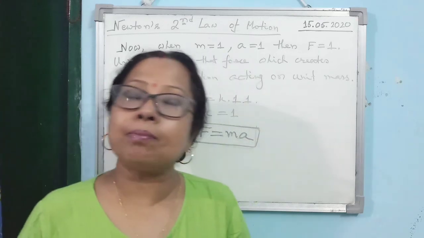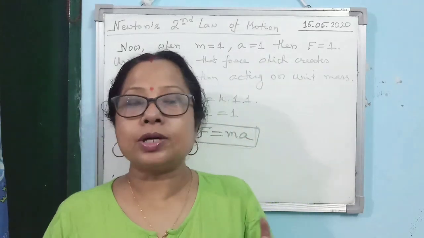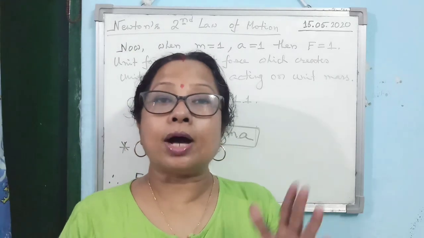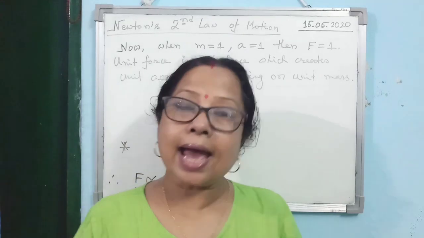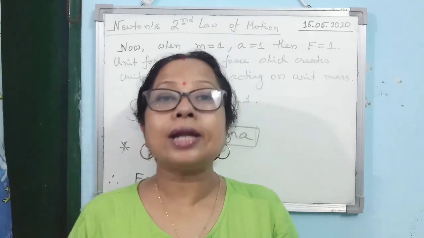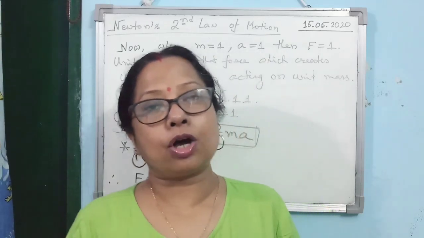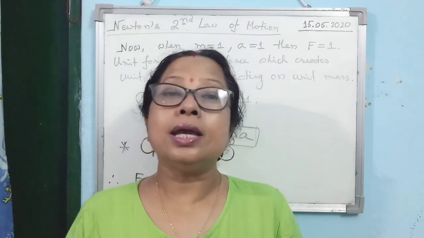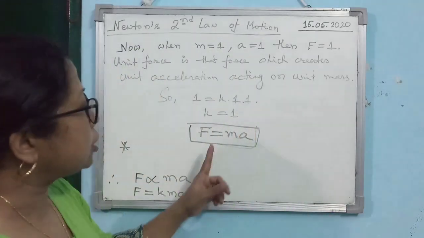I hope you remember what we get from Newton's first law of motion. From the first law of motion we get the concept of inertia, the definition of inertia and the definition of force. What is force? But from Newton's second law of motion, you will get the concept of how you can measure a force. So how to measure a force?